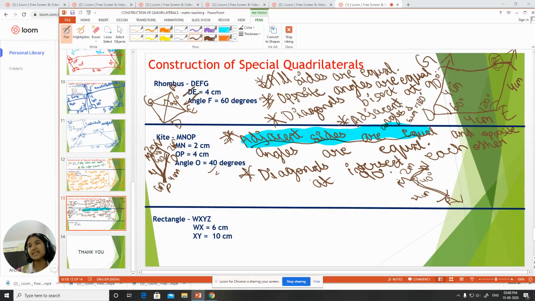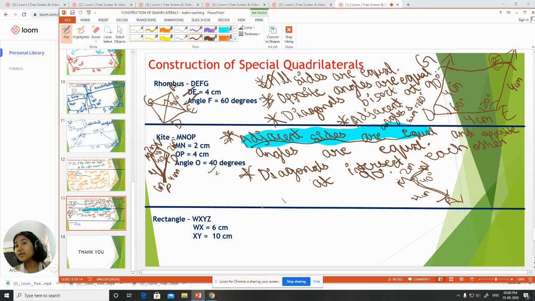Before drawing that, we'll see with N. N to O is 2 centimeters. P to O is 4 centimeters. And your O is 40 degrees. Angle O is 40 degrees.